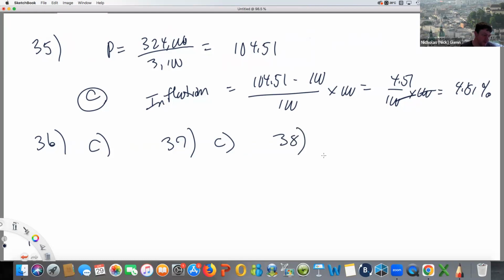38, for a given level of technology, we should expect an increase in labor productivity within a nation when there's an increase in each of the following except what? So human capital per worker, that'll cause an increase in labor productivity. The more education or skills you have, the more productive. Labor, that one won't.